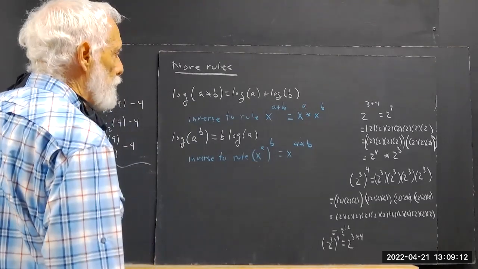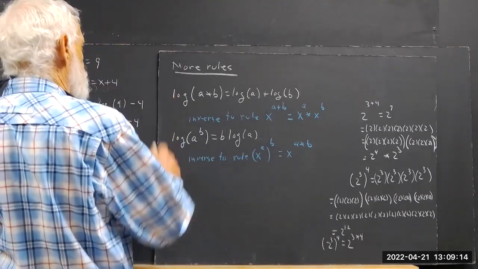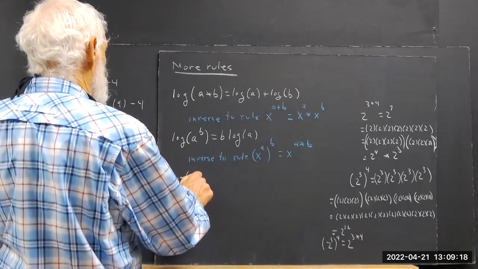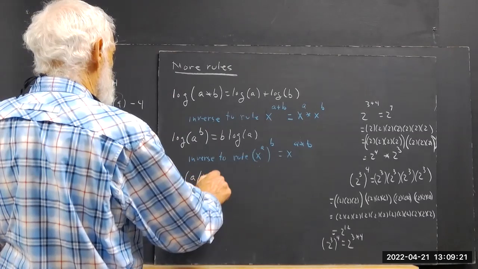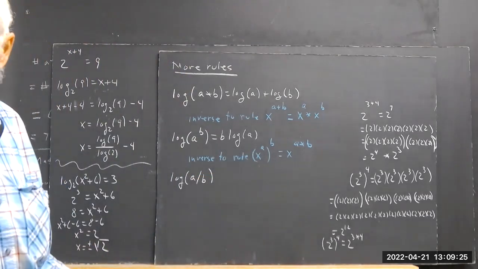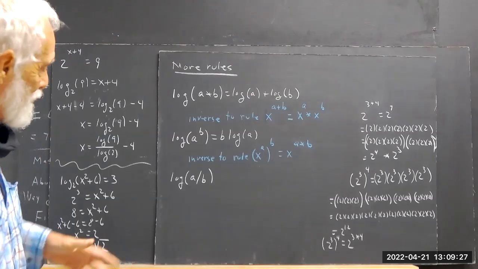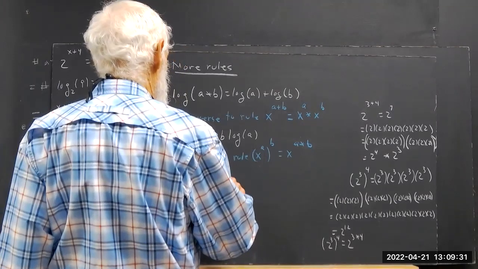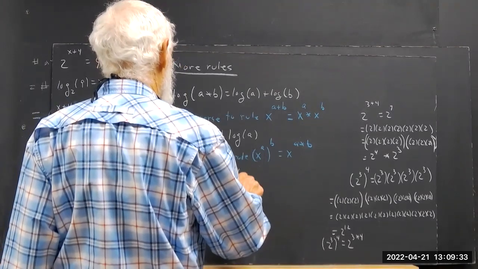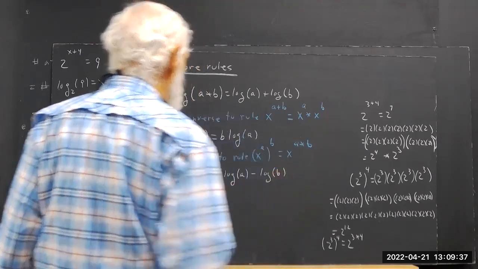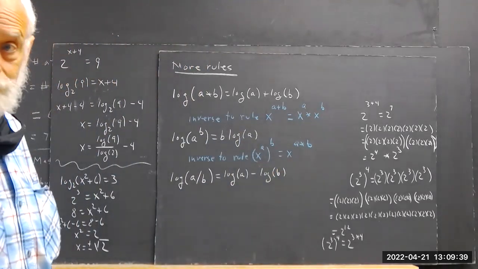Now there's another one that really follows from these two rules. It's always stated as a separate rule, which I've always found ridiculous, but there's a reason for it, because not everybody finds it ridiculous. The log of a divided by b is the log of a minus the log of b.